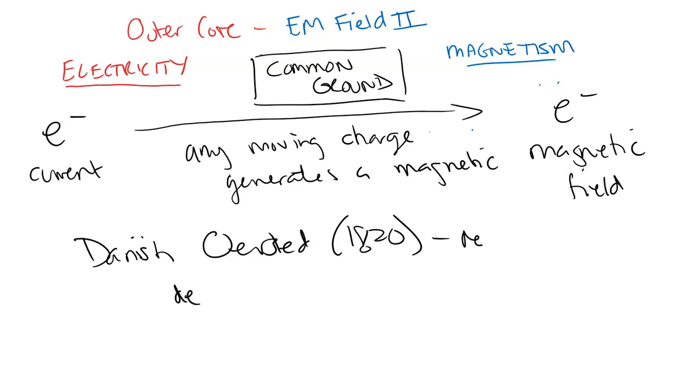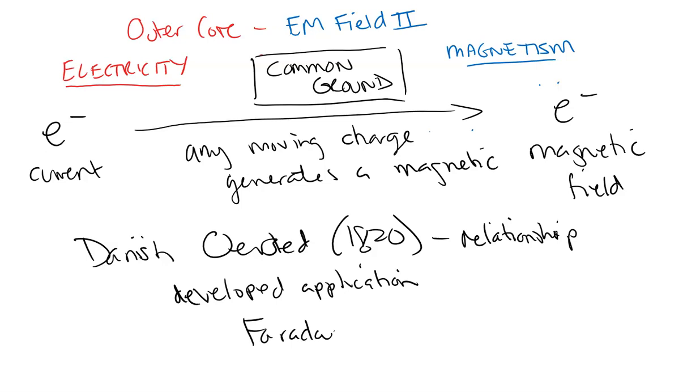So he basically found the relationship between these two natural phenomena, and then it was taken further and developed for more applications by Faraday, and also a guy named Henry is also said to have done the same thing around the same time, and this was in 1830.